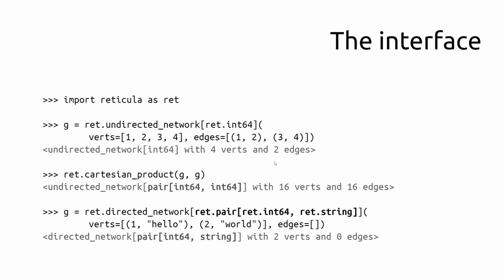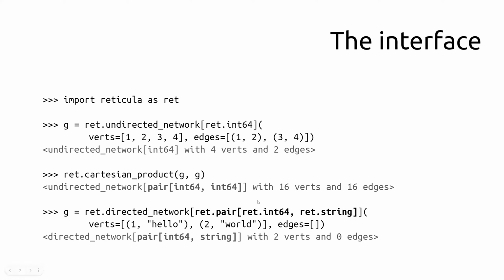So for example, if you do the Cartesian product of two undirected networks with integer vertices, your result would be an undirected network where each vertex is a pair of integers, right? So these types are to some extent composable.